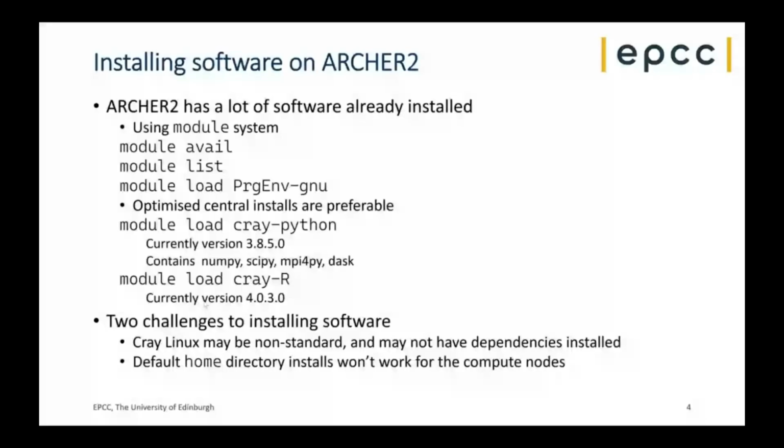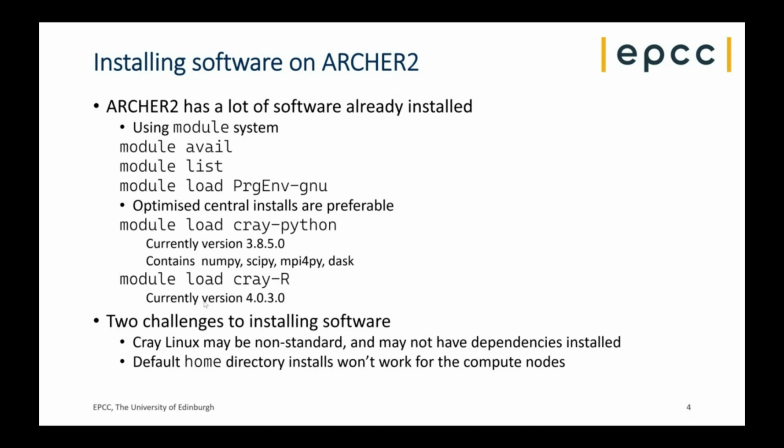Okay, so that's all well and good, and we have compilers and those kind of things. The two challenges to installing your own packages and other things you need on ARCHER2 are, first, Cray Linux is not that far away from standard Linux, but it's not Ubuntu or whatever it is that people often develop data analytics workflows on top of.